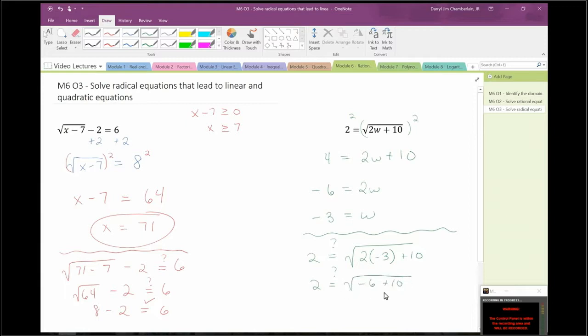Well, that's the square root of negative 6 plus 10. And yeah, that works. So you don't have to worry about having these negative solutions. Those can happen. Because if we had solved 2w plus 10 greater than or equal to 0, we would have seen that as long as our value was greater than or equal to negative 5, it would be in the domain. It would be something that we could have as a solution.